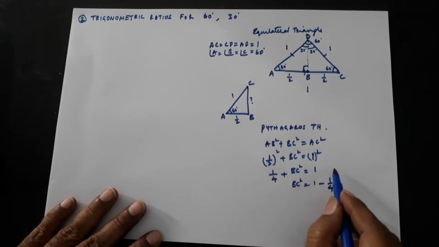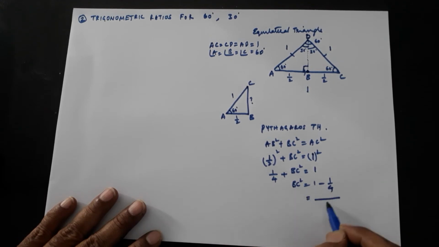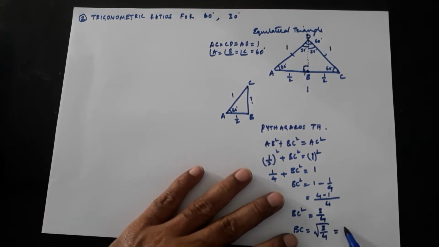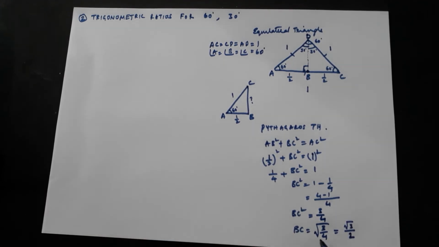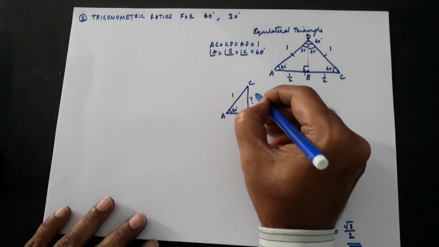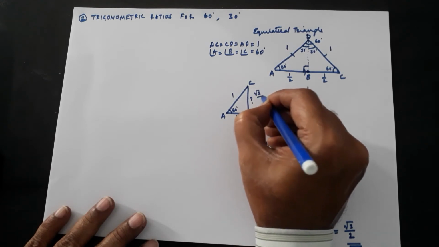If you bring this 1 by 4 this side, it will be 4 LCM, 4 minus 1, 3 by 4. So BC square is 3 by 4. That means BC equal to root of 3 by 4, which is root 3 by 2. Root of 3 is root 3, root of 4 is 2. So we got BC as root 3 by 2.